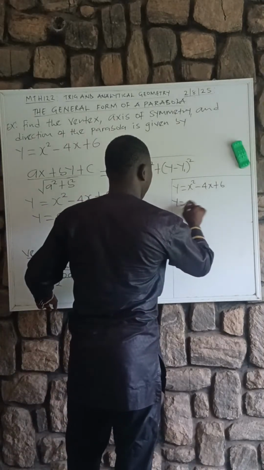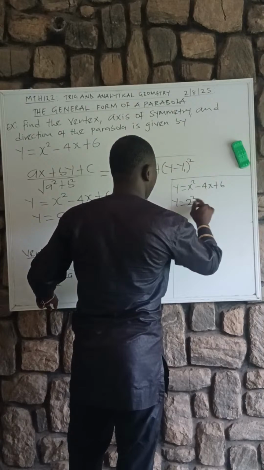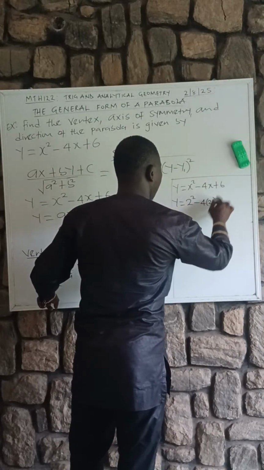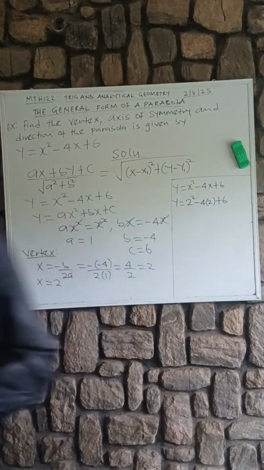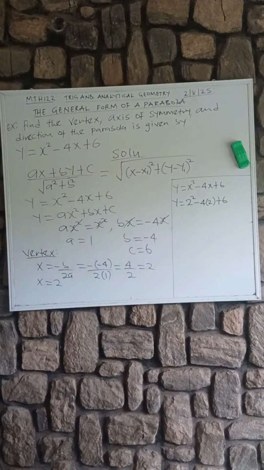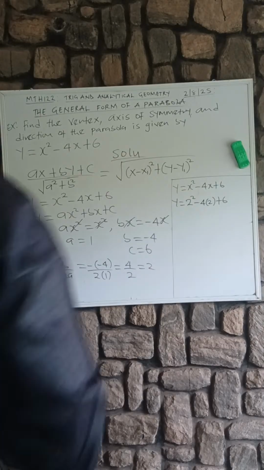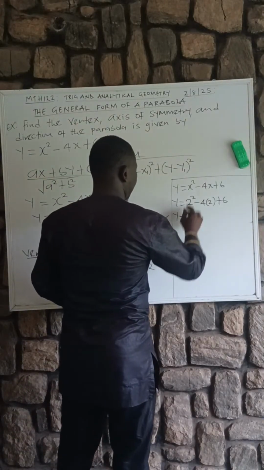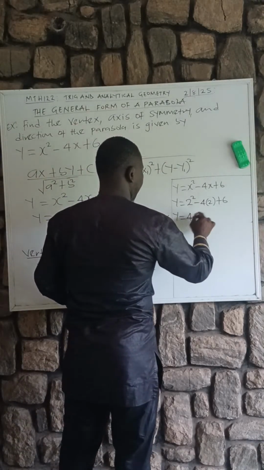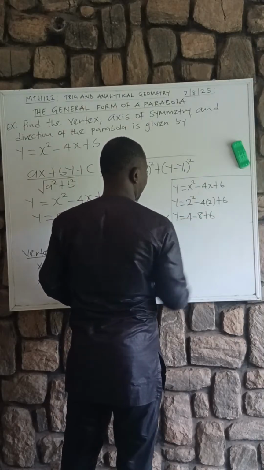So y equals 2 raised to power 2 minus 4 times 2 plus 6, right? Are you following? Because your x is 2 already. So y is equal to 4 minus 8 plus 6.